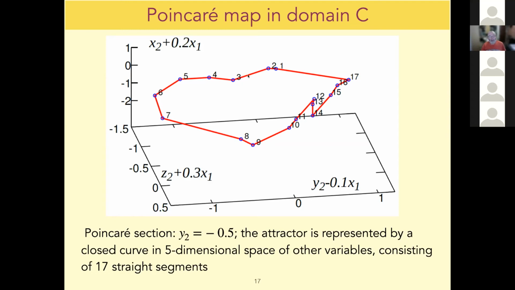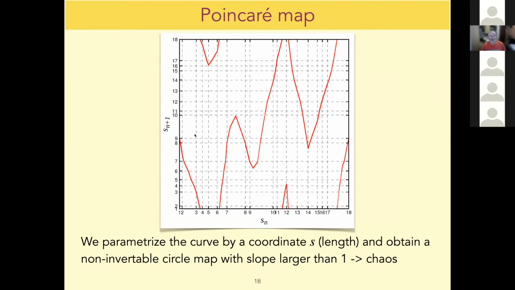Looking at it, it looks like a curve, but in fact it is a lot of discrete points. And the map of this circle onto itself looks like this. We parameterized the curve by a coordinate along this circle, and we numerically constructed such a Poincare map. It looks like a non-invertible circle map. It has 6 intervals of monotonicity.